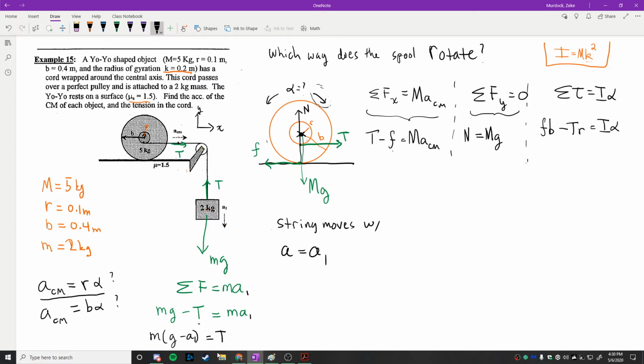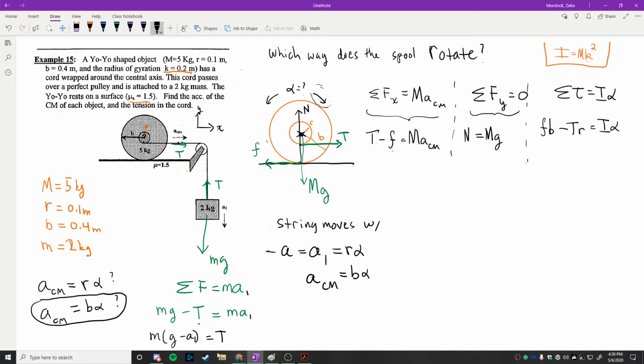But this acceleration, a1, I think, should be equal to little r times the angular acceleration, while I think ACM should be equal to b times alpha. So I think this is the correct one here. And we can relate these two to each other, right? Does that make sense to you guys? Or does that feel right to you guys?